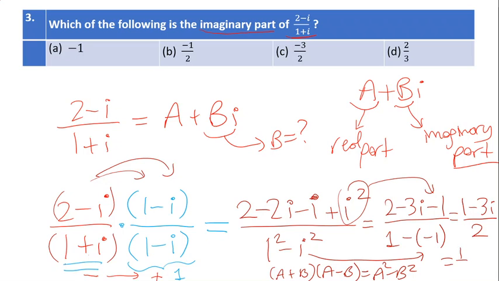Then you separate them: 1 over 2 minus 3 over 2 i. So what's the imaginary part then? The imaginary part turns out to be minus 3 over 2. So the answer is C.